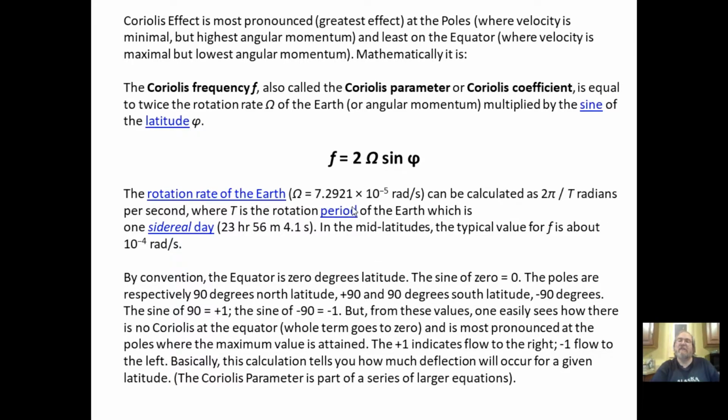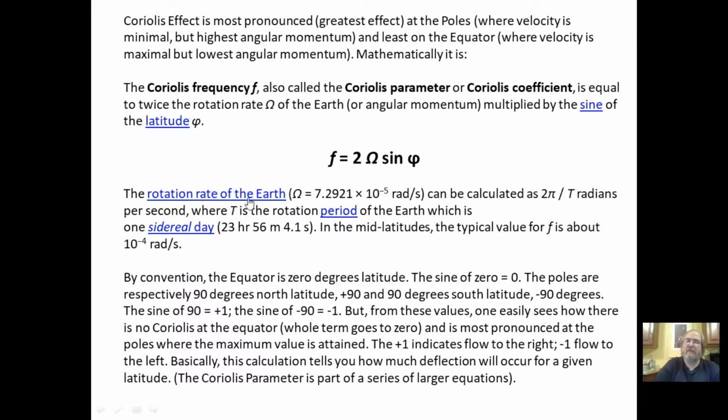It's least on the equator, where velocity is maximal but angular momentum is lowest. Mathematically, the Coriolis frequency, denoted by small f, also called the Coriolis parameter or Coriolis coefficient, and I will tell you, you see Coriolis parameter used 99% of the time, is equal to twice the rotational rate, omega, of the Earth, or the angular momentum of the planet, multiplied by the sine of the latitude, phi. So f is equal to 2 omega sine phi.